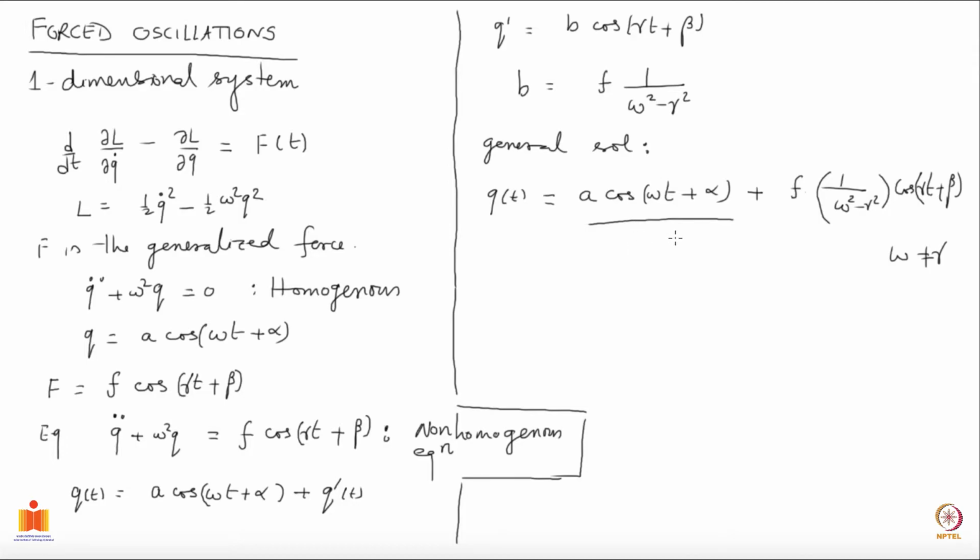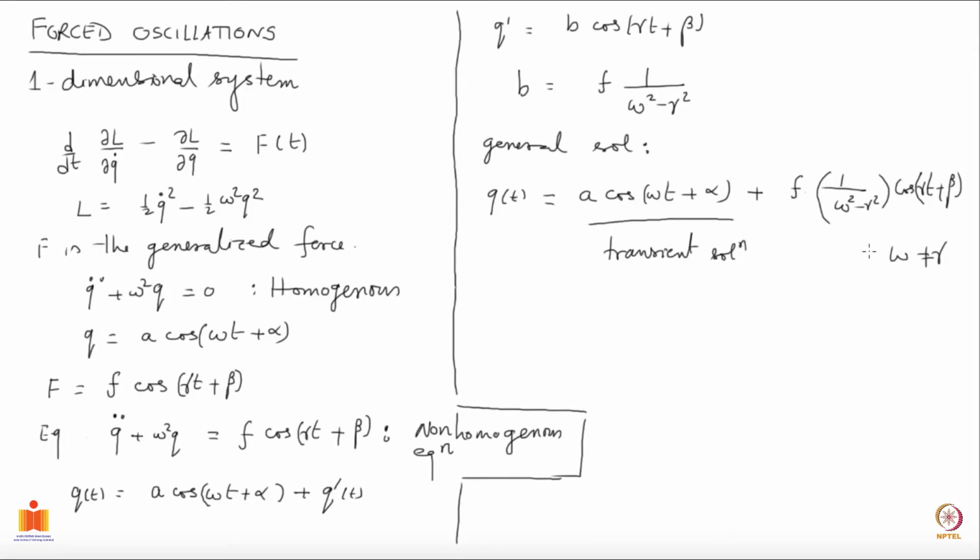Okay, so that is the solution for forced oscillations without any friction. Let me write here. Okay, but this is not valid when your gamma, the frequency of the external agency, is the same as the natural frequency of the system.